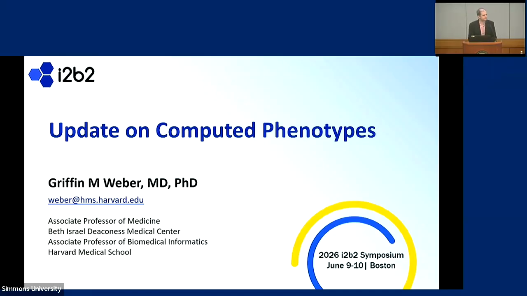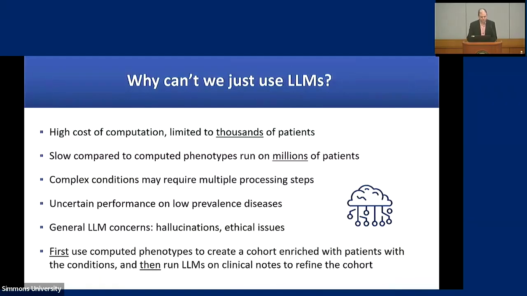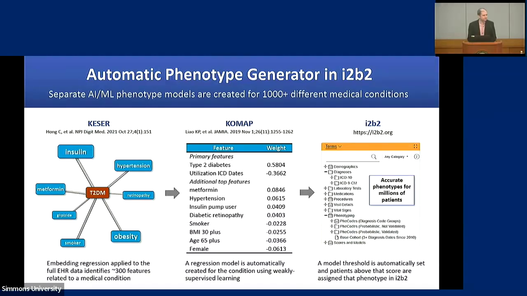I was wondering what input variables are given to the regression models, and if there are differences in how each institution codes for these, if that would make it more difficult to do federated learning across multiple institutions coming together. Right, so the Kessler algorithm is the part that figures out what those features are.